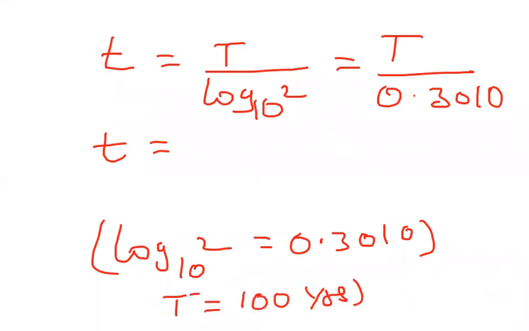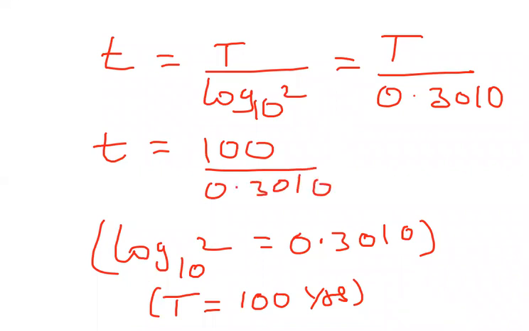So now I want the small t, which is 100 by 0.3010. Doing that in the calculator, I got 332.3 years.